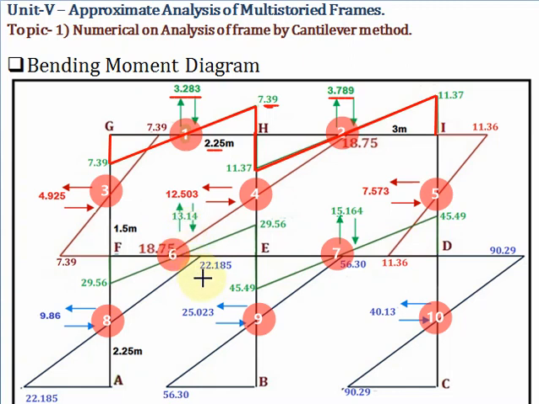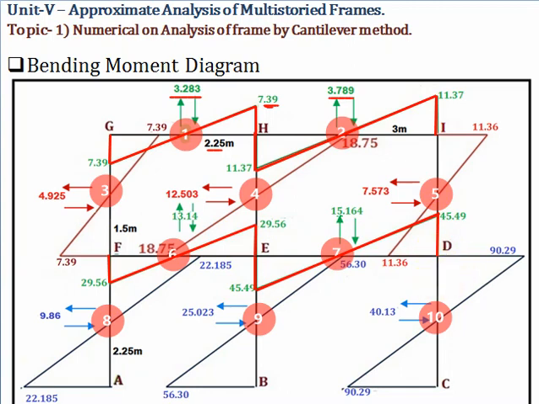So 13.14 into the distance 2.25 gives 29.56. Here join it by a straight line like this. Next, at node 7, what is the vertical force? V7, that is 15.164. So 15.164 into the distance 3 gives 45.49. Join this by a straight line like this.